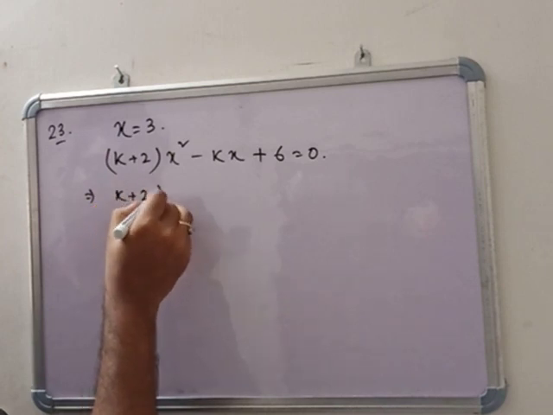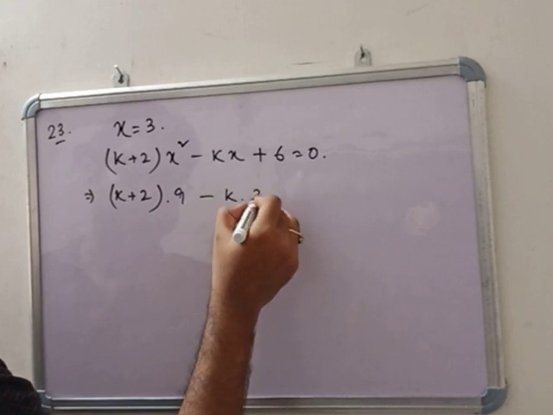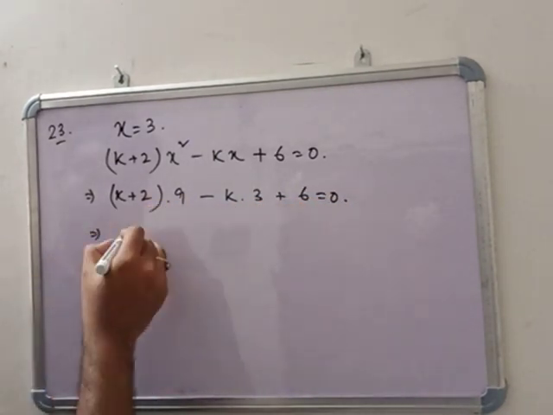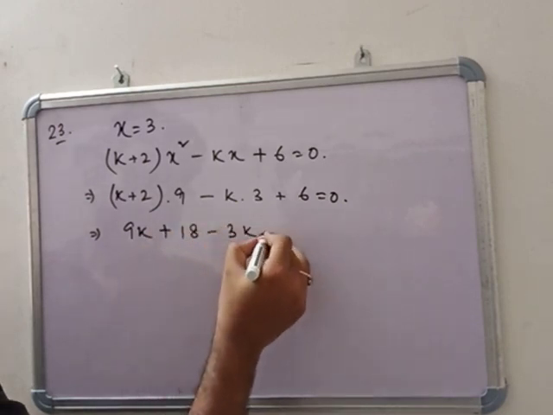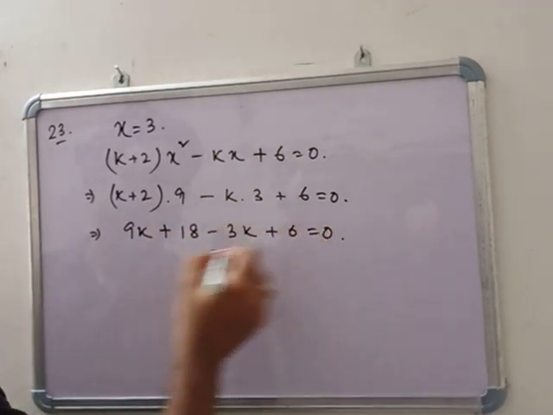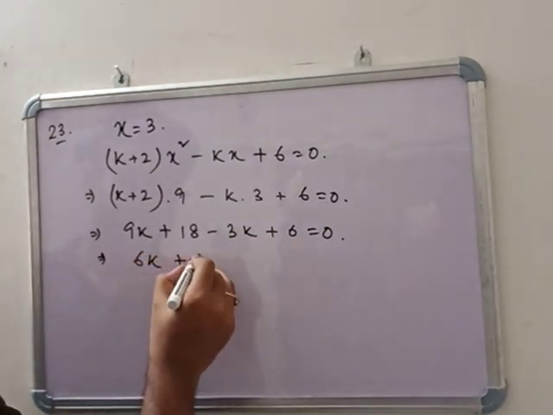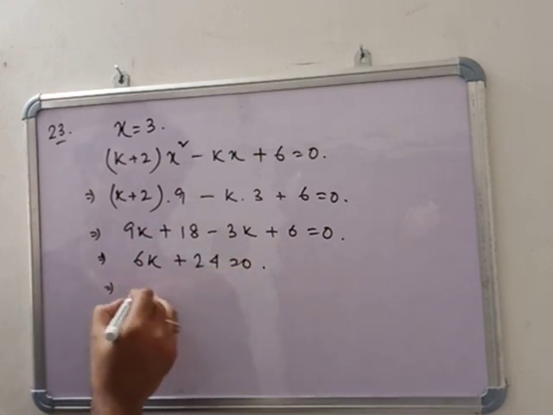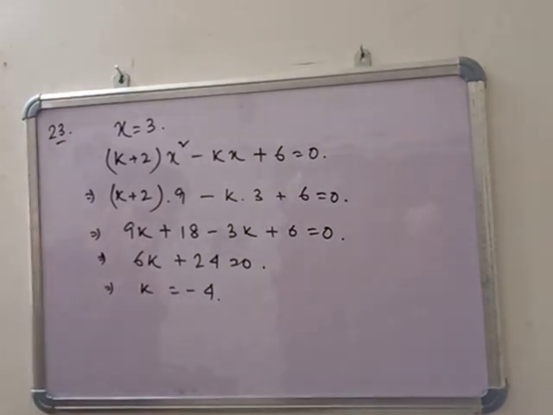That means k plus 2 into 9 minus k into 3 plus 6 equals 0. Now if you break it, 9k plus 18 minus 3k plus 6 equals 0. So 6k plus 24 equals 0, so k equals minus 4. So k equals minus 4 here.